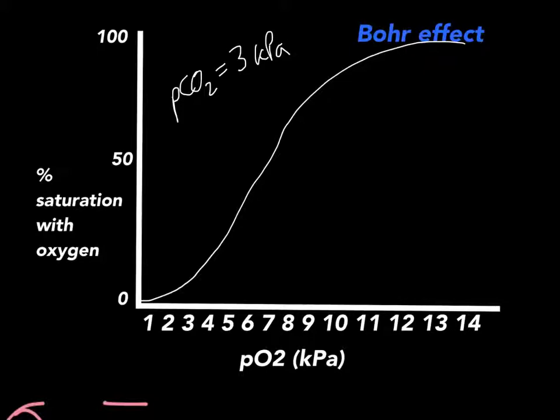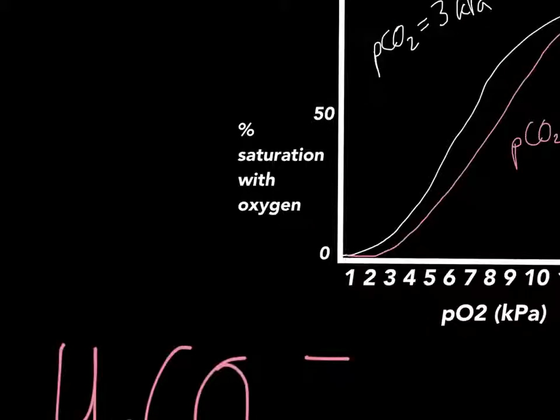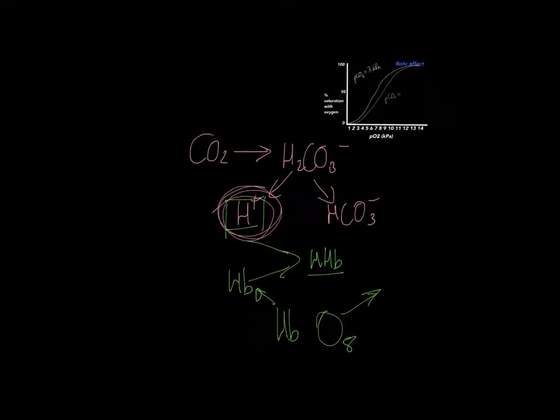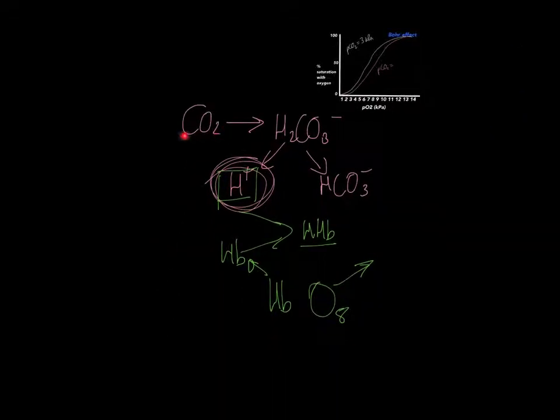As we start to exercise or jog, we get a shift of that sigmoid curve to the right. We're increasing the partial pressure of carbon dioxide because we're now respiring, so we're producing more carbon dioxide, therefore more hydrogen ions.